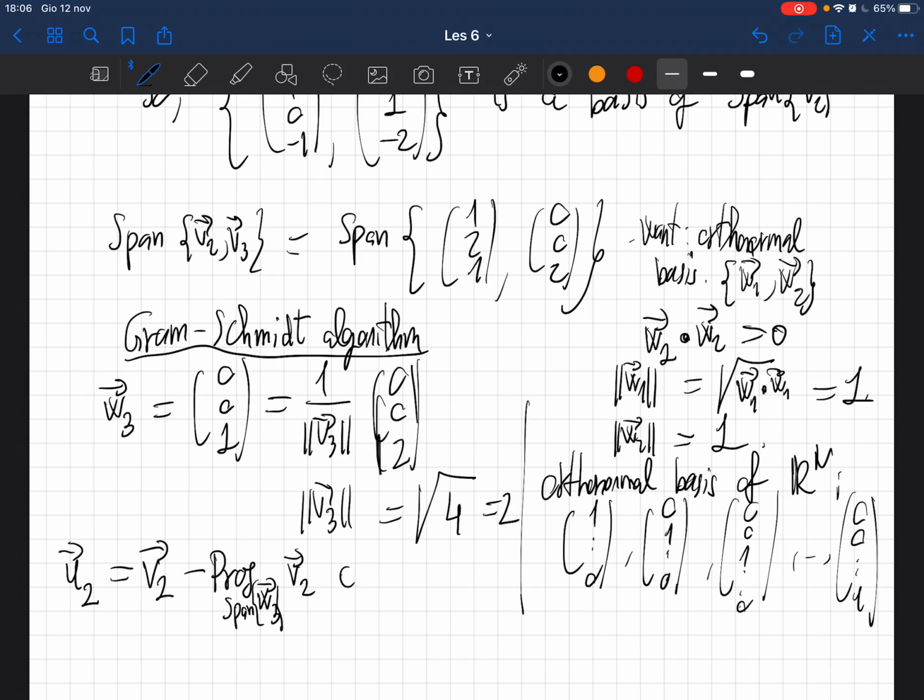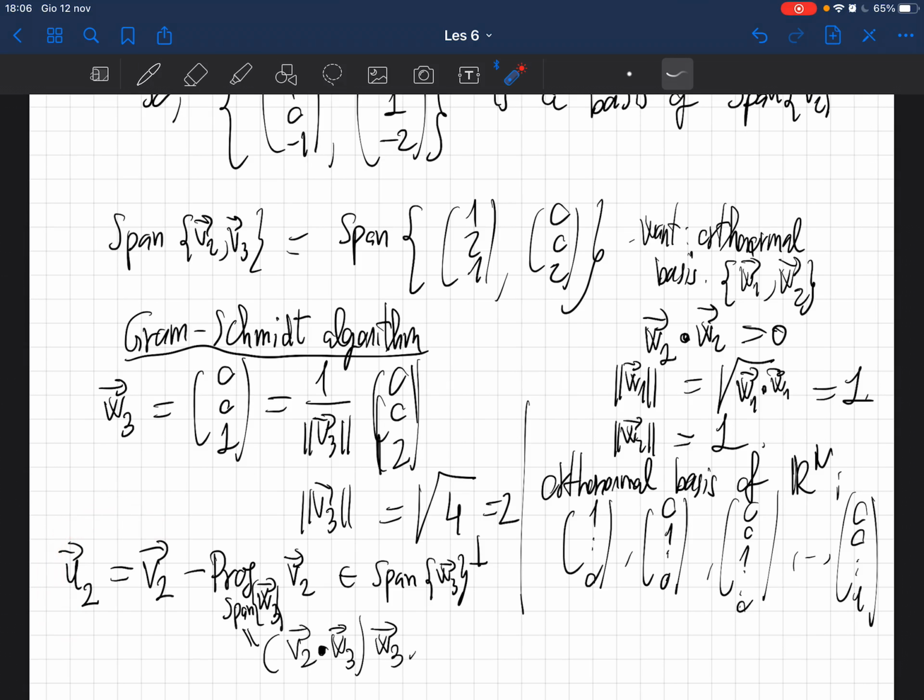This lies in, this is orthogonal to this. And what is this orthogonal projection? It's a vector whose coefficient is given by this.